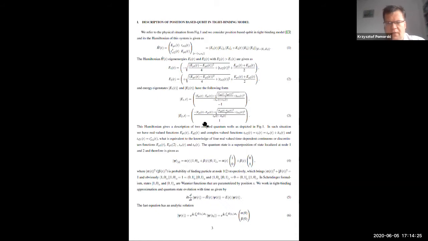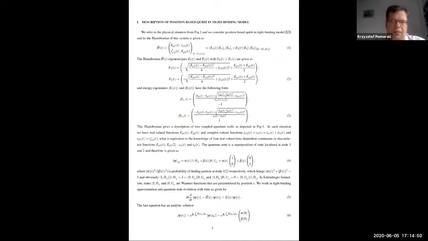So obviously it's a linear superposition of those two objects. All right, so then there is the eigenstate that can be expressed in such a way by the presence of the electron on the left and right quantum well. And then obviously, traditionally there is the evolution of a quantum system with time.